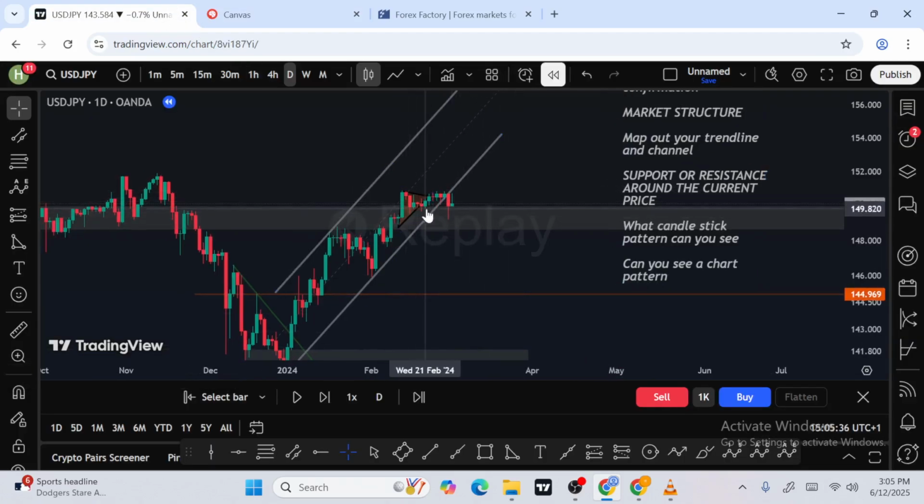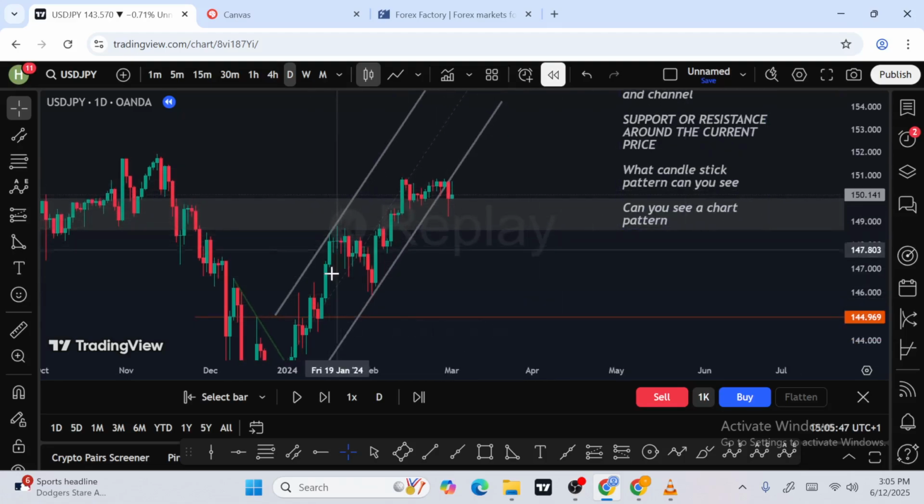Now I was seeing a triangle here, but now I am seeing another chart pattern. What chart pattern? You can call this a bullish rectangle.